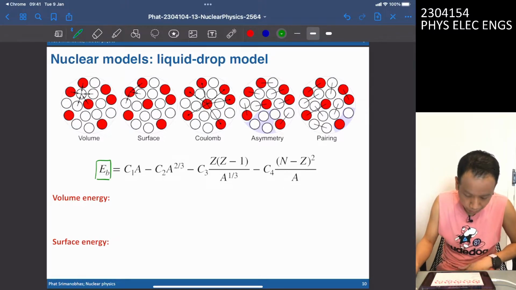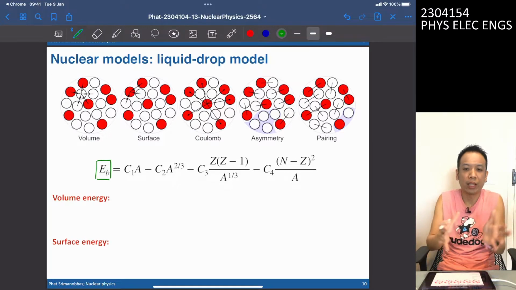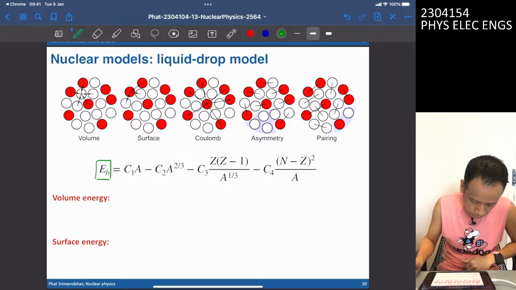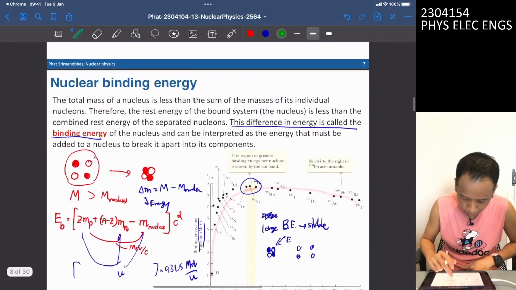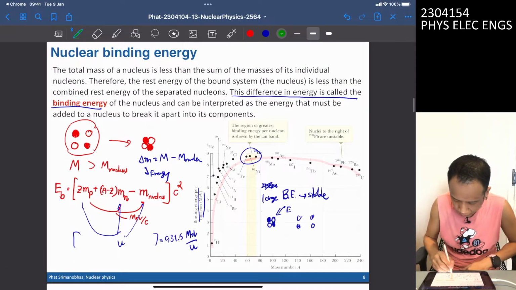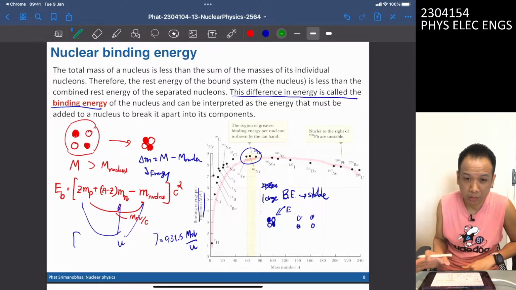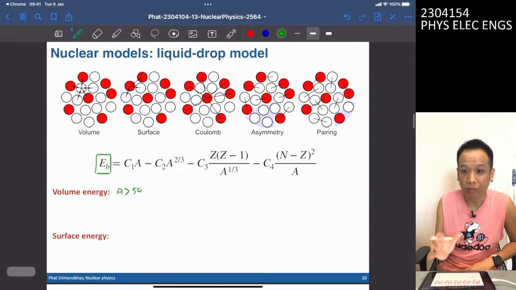So the first term is what we call the binding energy in general. This is the general idea of the binding energy, and then we're going to subtract some factors from it. If we're talking about a nucleus larger than, I don't know, 50, the nucleus has more or less the same binding energy per nucleon, roughly the same.